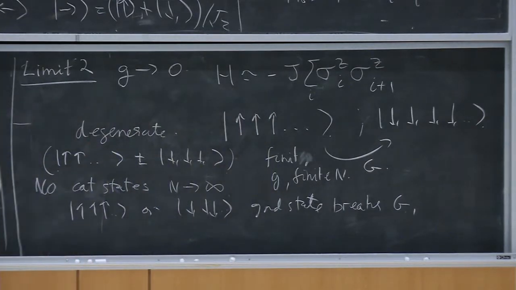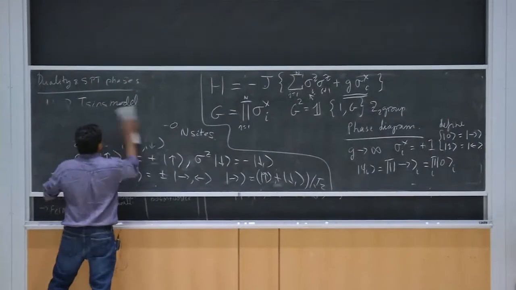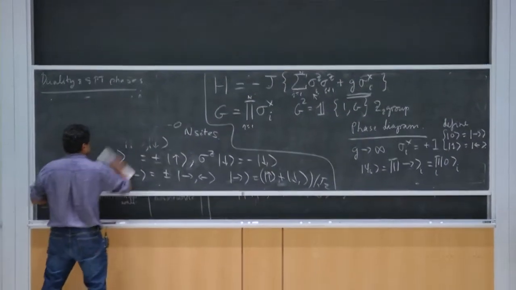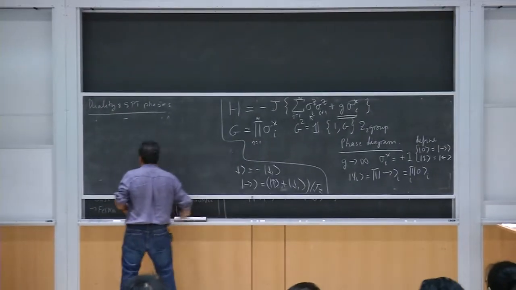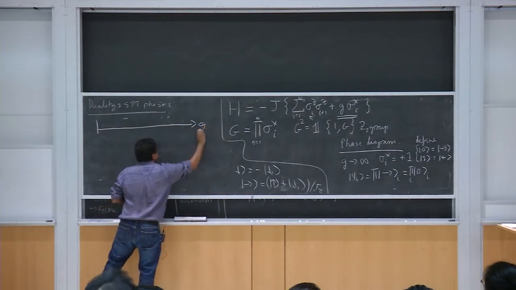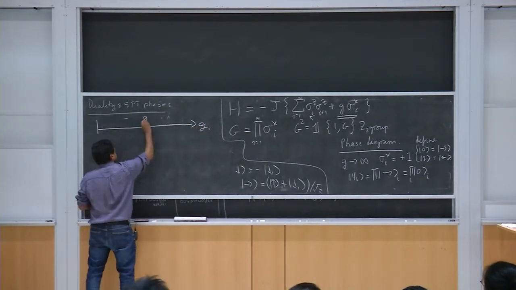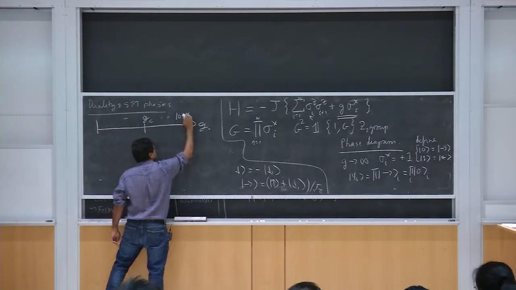Okay, so we can construct a phase diagram now. Okay, so there's some critical g. Okay, so here roughly the caricature of the state is all zeros.